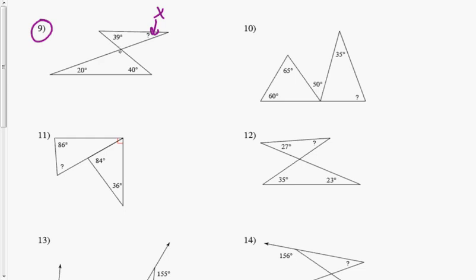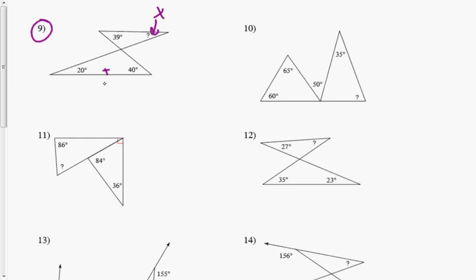So in order to find that one, we might want to find this one, because these 2 are vertical angles, and vertical angles are equal. So if we find that one, then we'll have enough information to find our missing angle. So let's take what we have in this bottom triangle, the 40 and the 20, add those together, because if we add those together and subtract from 180, that'll give us our missing angle.